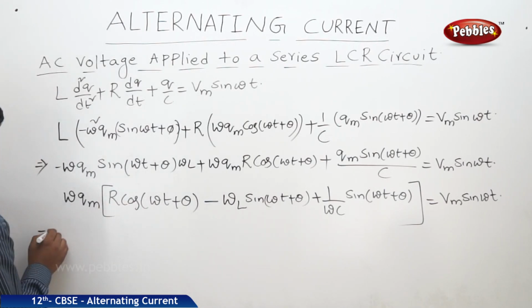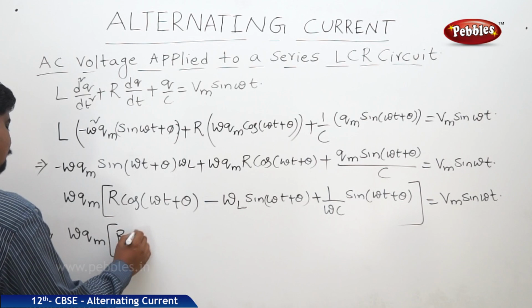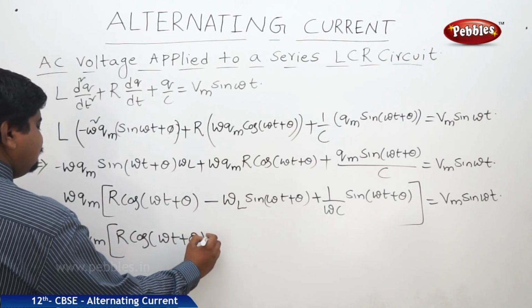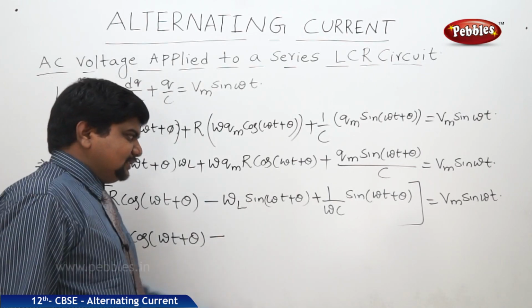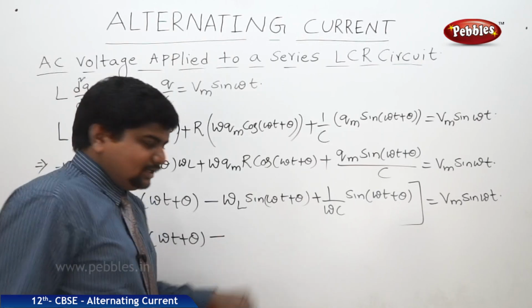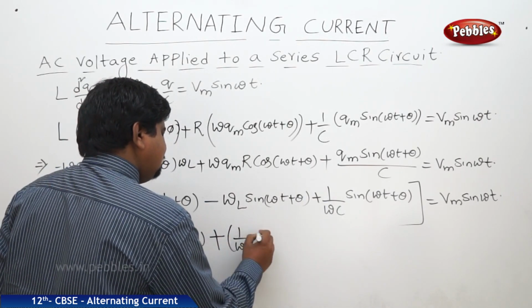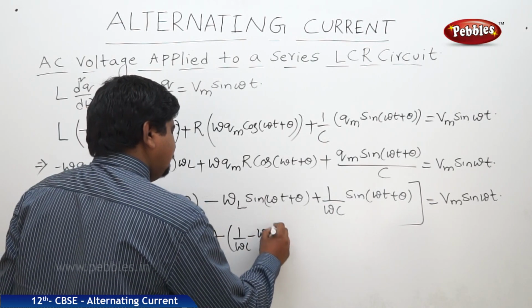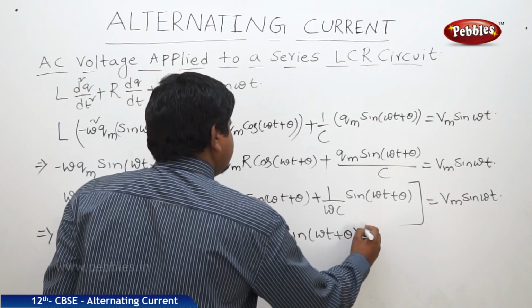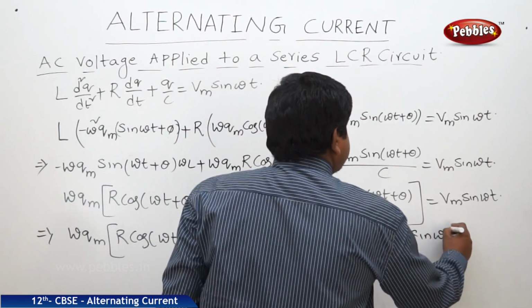Therefore, the equation turns like this: ω qm into R cos(ωt + θ) plus 1/(ωC) minus ωL, into sin(ωt + θ), is equal to Vm sin ωt.